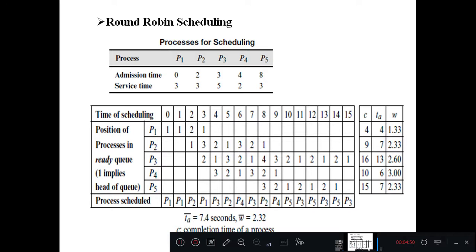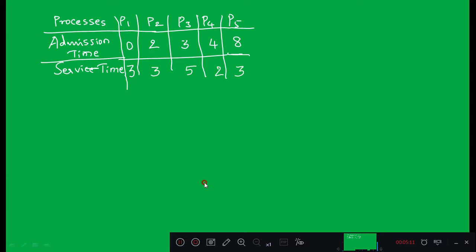Instead of discussing this directly on this lower table, you will not understand. So we will switch to another slide in which I will write and explain. Okay, so what actually happens in round robin scheduling, that we will see. I have written the same table here.